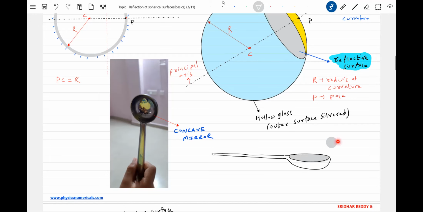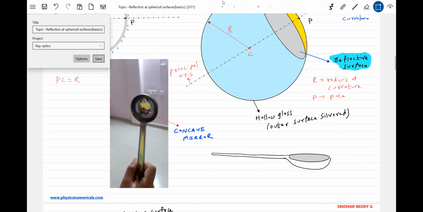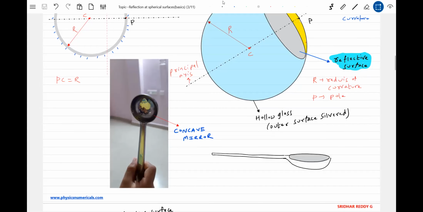Which surface will I be using? I brought a spoon. This will be the concave surface. This will be the convex surface. Very simplified.